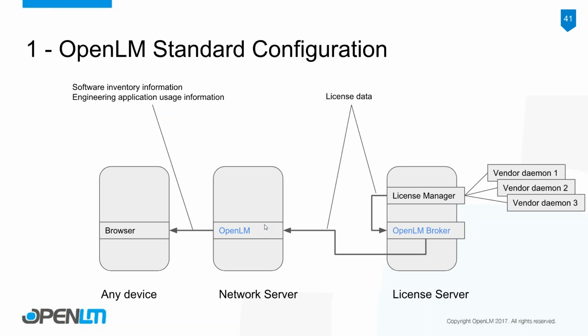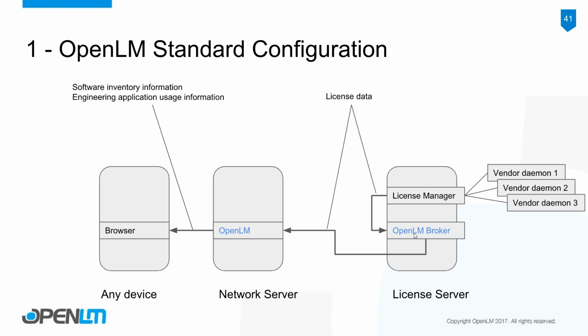So the standard configuration, first of all, as you can see here, this is the recommended method to get the most out of the system in as short a time as possible without any extensions. The black text represents components that you already have on your network, like browser, vendor daemon, license manager. The blue text represents OpenLM components.